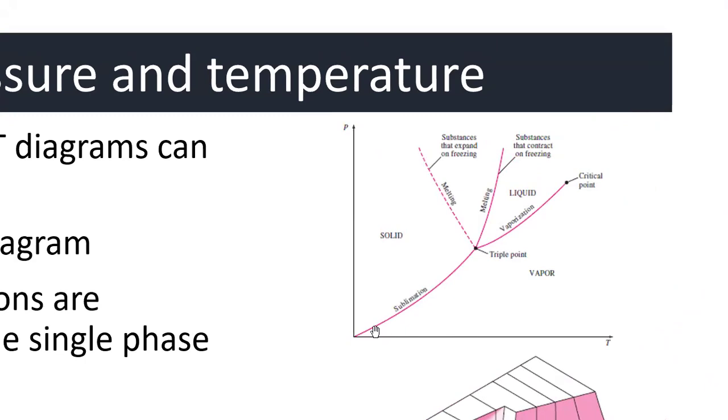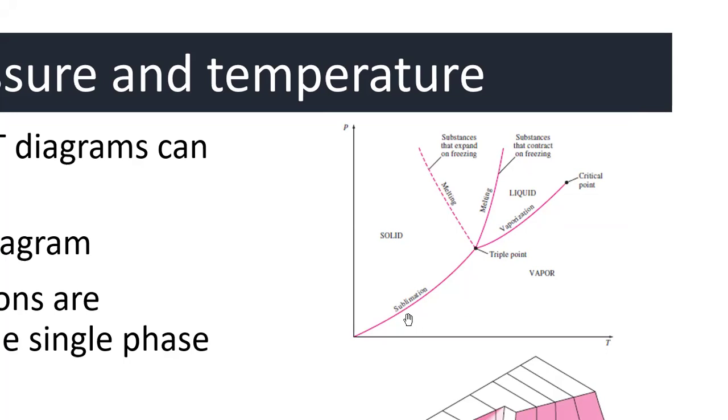The pressure and temperature are very low, right? If I increase the pressure a bit, for some substances, I can have it solidifying directly from the vapor. So that line here is going to be the sublimation. Sublimation is just looking at the change from solid directly to vapor without passing through the liquid phase. So at very low pressures and very low temperatures, I'll be a vapor.